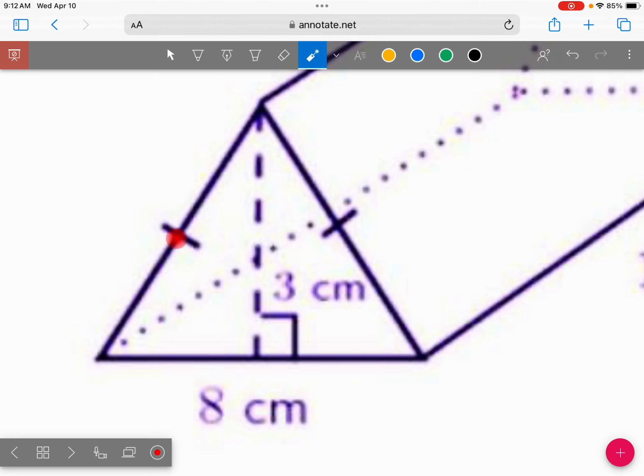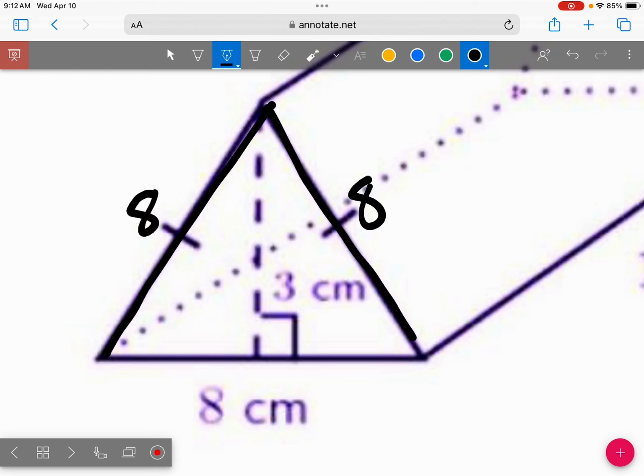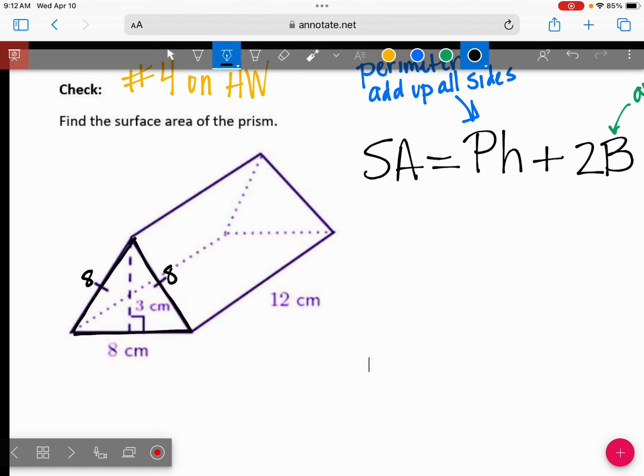Because we have these little hash marks here and here, that tells me all 3 sides are equal to 8. So I could put this 8 on all 3 sides. So if I'm trying to find the perimeter, which is capital P, it's going to equal 8 plus 8 plus 8. So go ahead and figure out what that is.